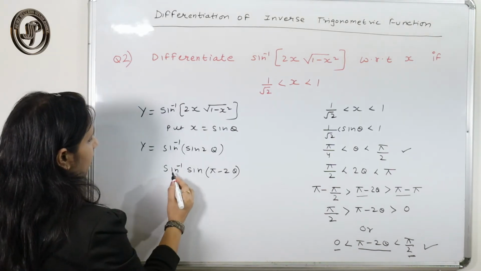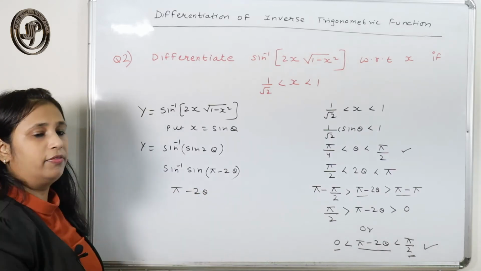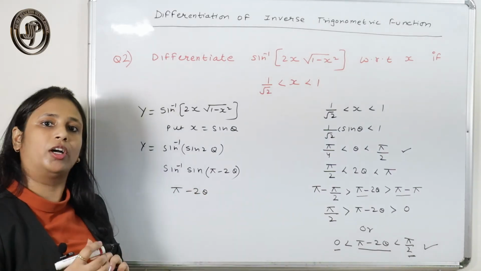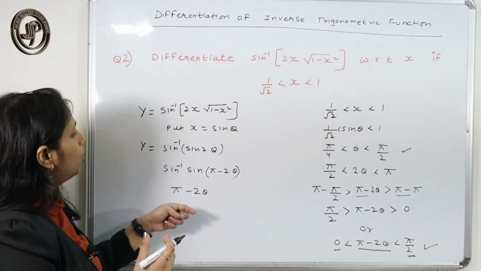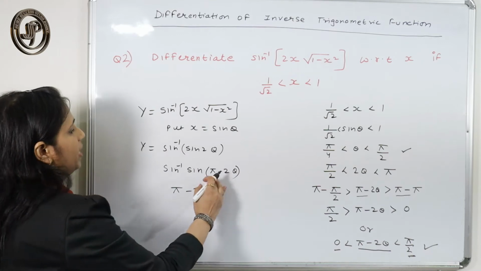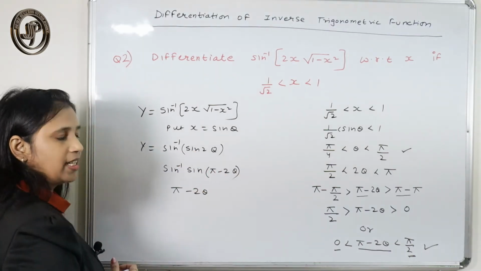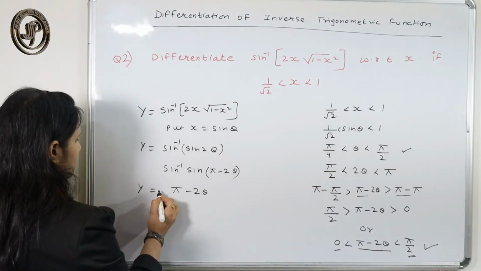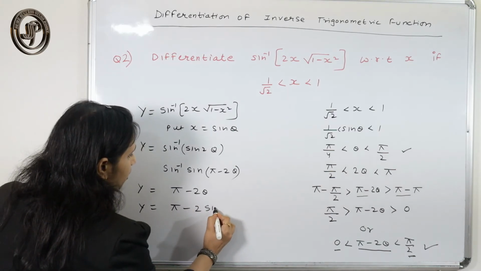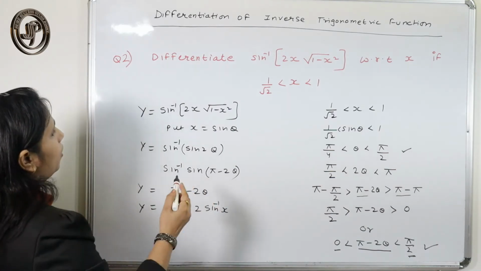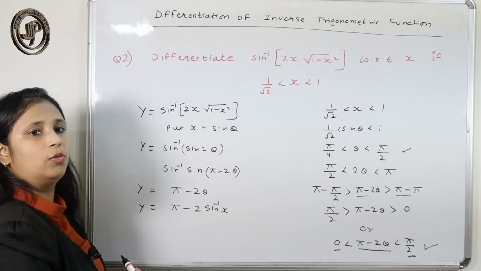So here now you can write sine inverse and sine will cancel with this angle only. If with this angle the range is not coming under our sine inverse range, then we just have to rewrite this, change this angle with some other one. But here it's satisfying, so we can write this. Now you can replace this theta with sine inverse x, because if x is sine theta, then theta will be sine inverse x.